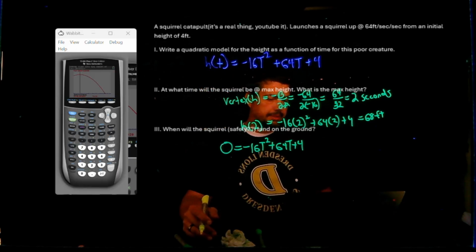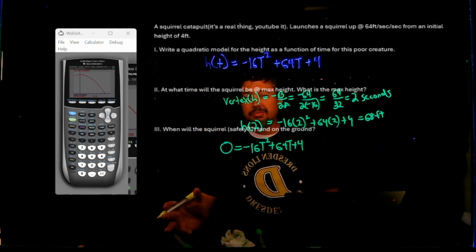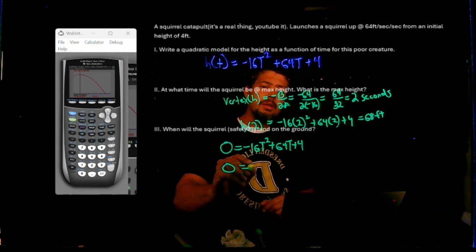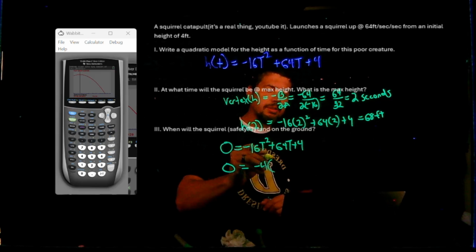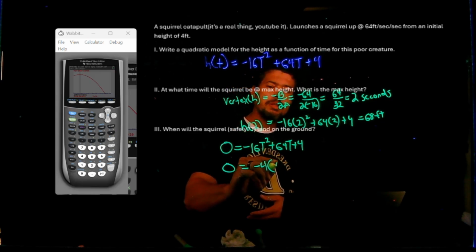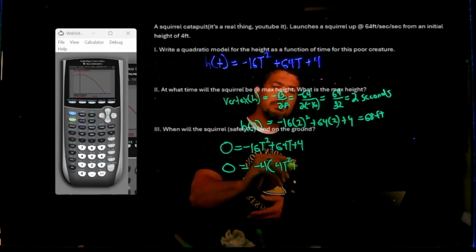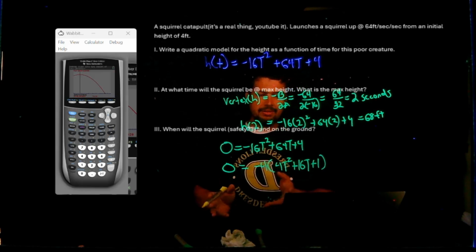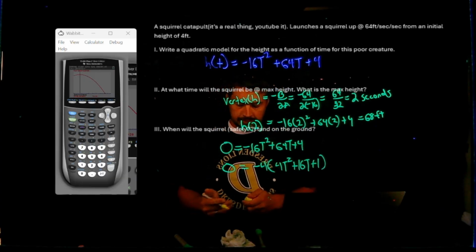Alright, sorry about that. This one's probably not going to factor much, but that's what the quadratic formula is for. Now, one thing I can do is I can make the quadratic formula easier. I can pull a negative 4 from everything. That's going to make this 4t squared plus 16t plus 1. And yeah, I can guarantee you this thing doesn't factor.